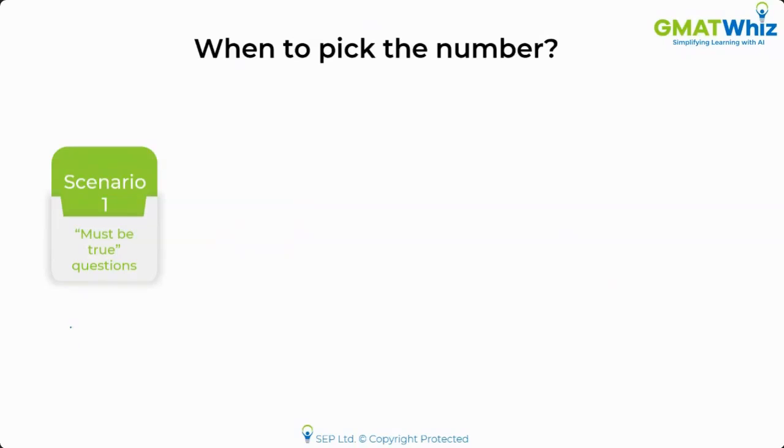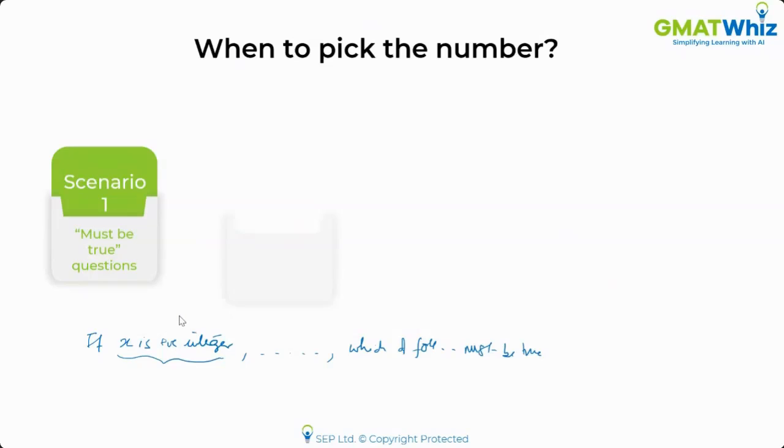For example, if x is a positive integer, and then they ask which of the following must be true. In questions with constraints like a positive integer, an even number or a prime number, it definitely makes sense to take values, solve the question and get the answer.